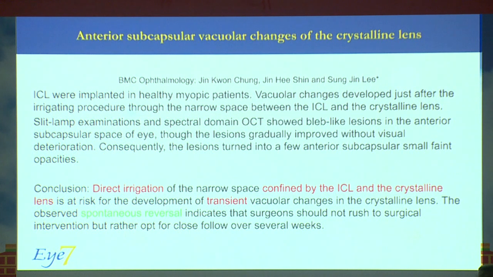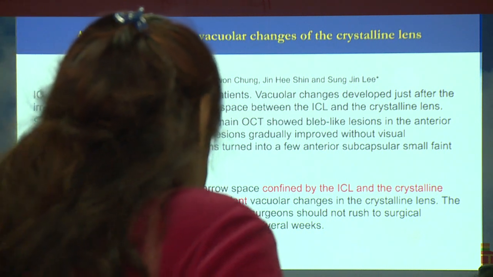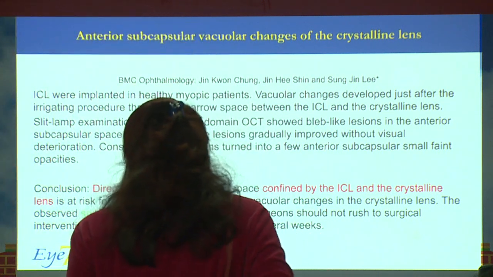And as a result, there is a development of transient, the word is transient, vacuolar changes in the crystalline lens. And then it is observed that there is spontaneous reversal. Indicates that the surgeon should not rush to surgical interventions, but rather opt to choose follow-up over several weeks.